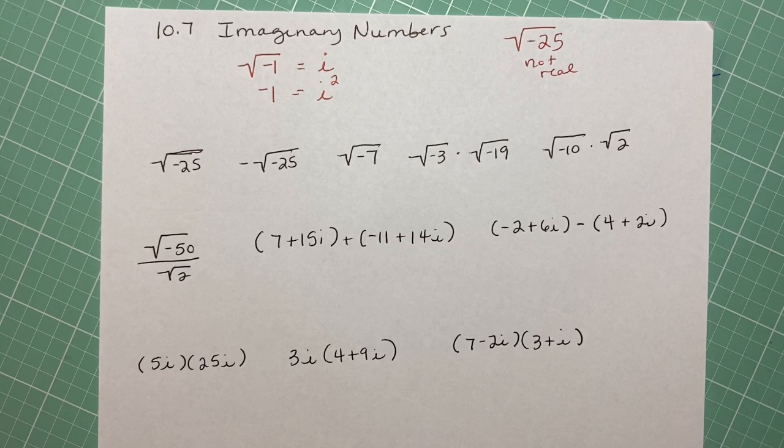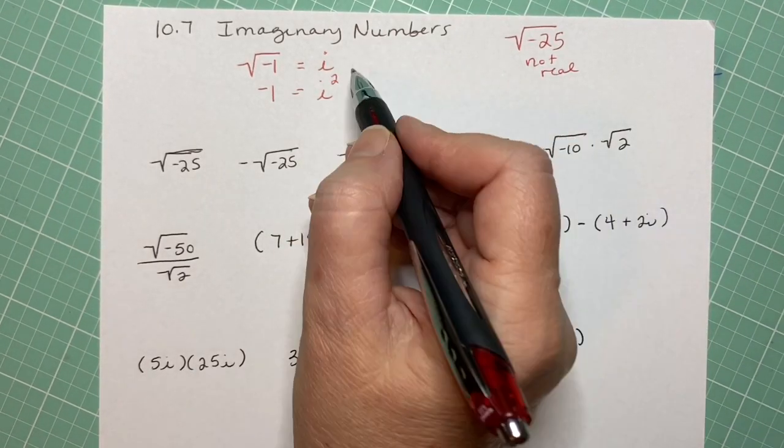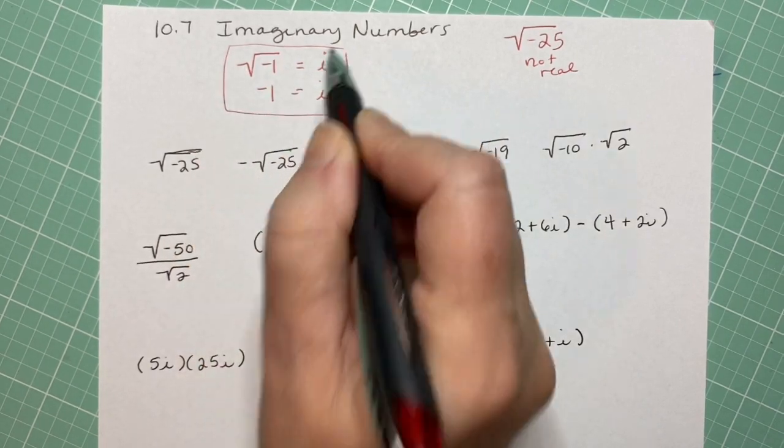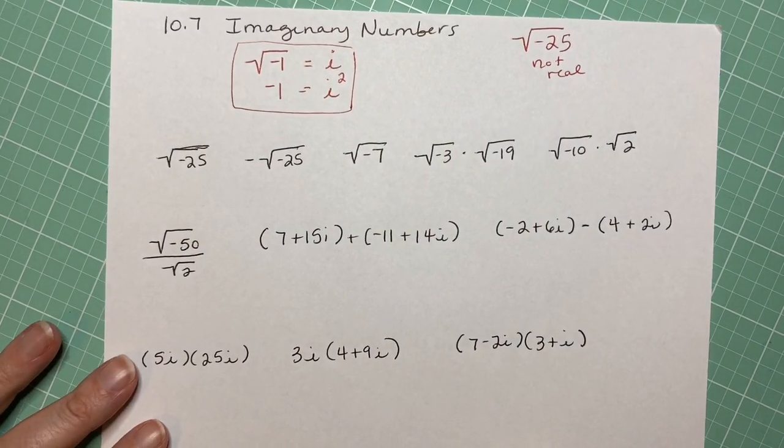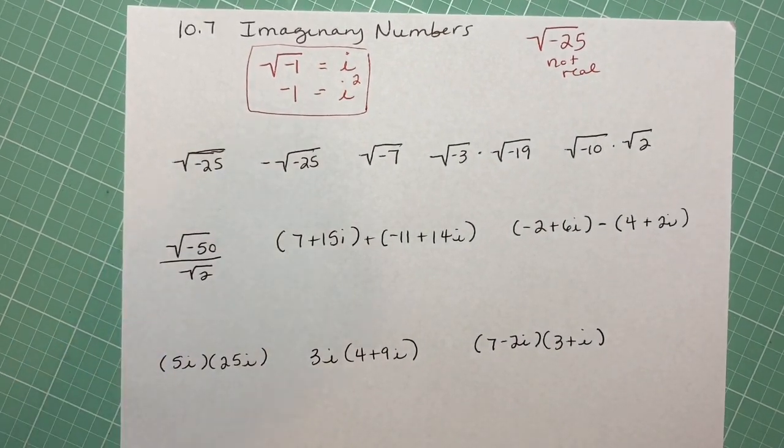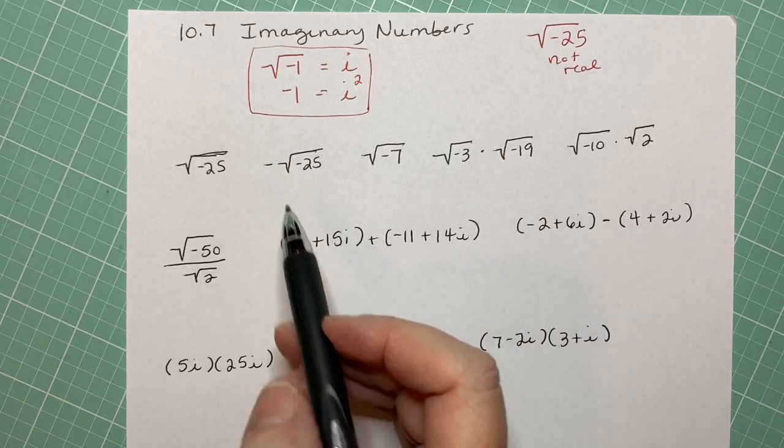When you get up into college algebra, you'll look at i to the third, i to the fourth, and even up to like i to the 80th. But for this class, we're just going to look at i and i squared. Anytime we have a square root of a negative, it comes out as an i, and anytime we have an i squared, it turns into a negative 1. So let me show you how we're going to use that.